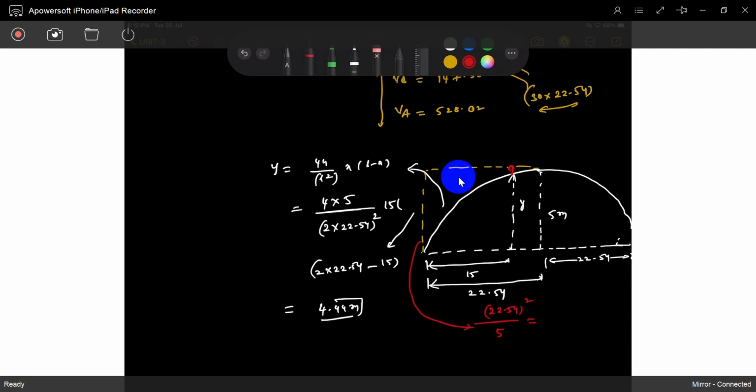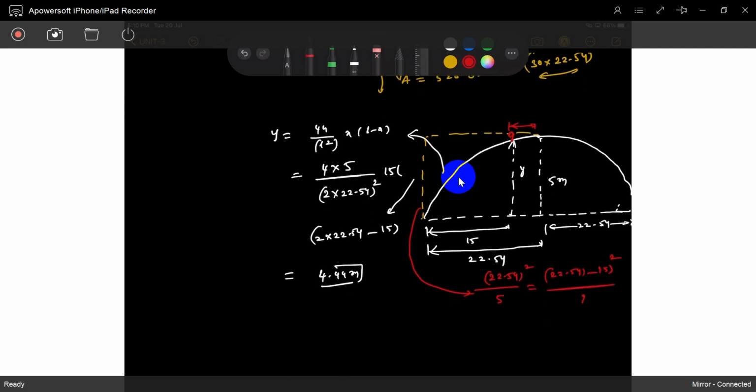What is x? The distance is 22.54 minus 15. That distance squared divided by that much, you will get this value. This is something like y dash. So 5 minus y dash, you will get y. That's it. The total is the 5 height. You will add to 4.4. So you can get the y value from anywhere.